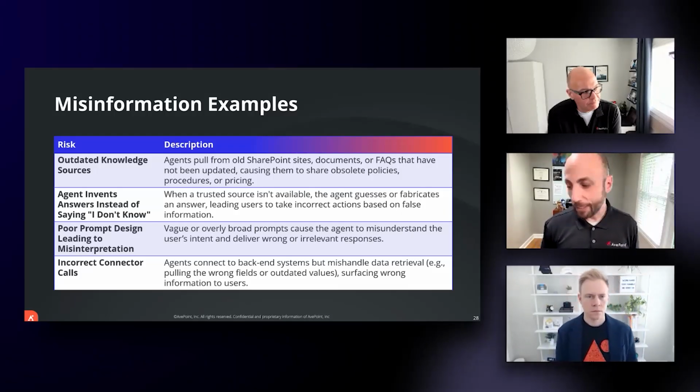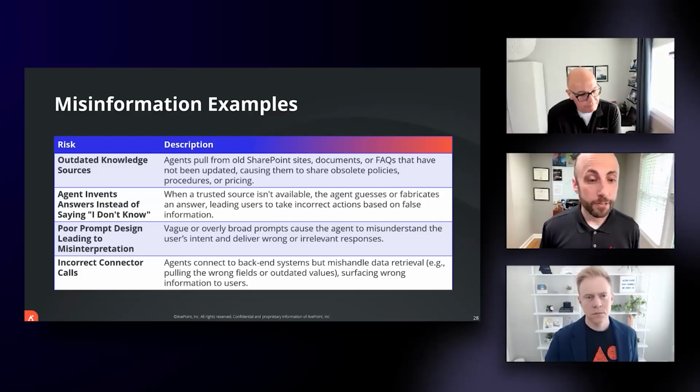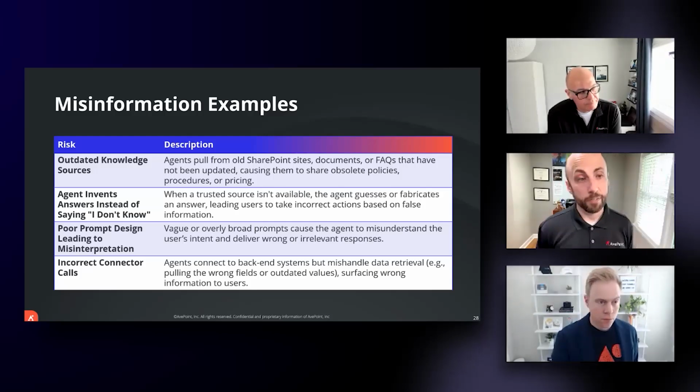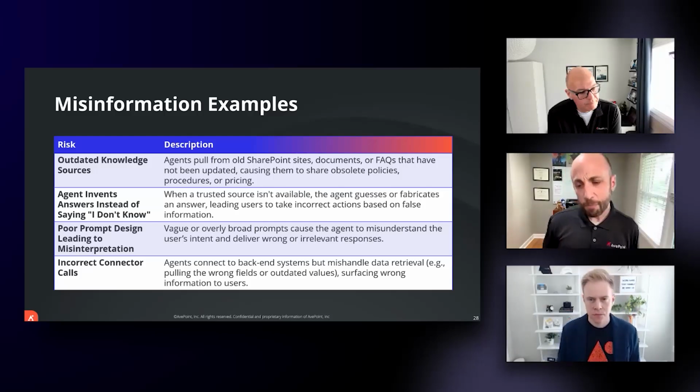There's going to be examples where it doesn't have an answer, so you have to worry about how you configure that experience so people don't lose faith in these agents. There's going to be some bad prompting by users, and you're going to figure out how to triage against that. And there's going to be times where connectors are not configured to the right application.